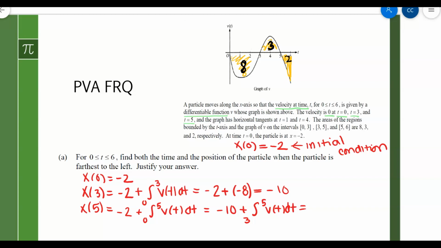Either way, you're going to get -2 plus -8 plus 3, or -10 plus 3, which gives you -9.